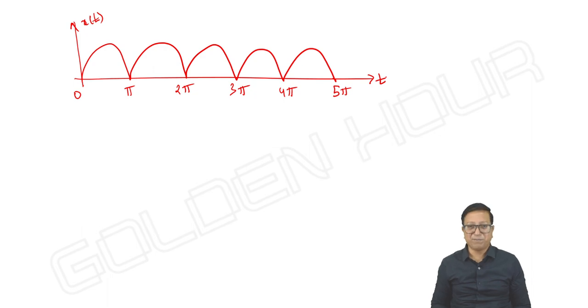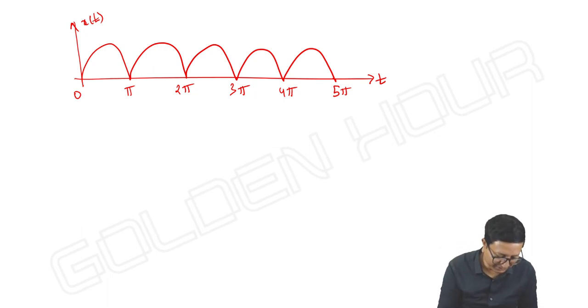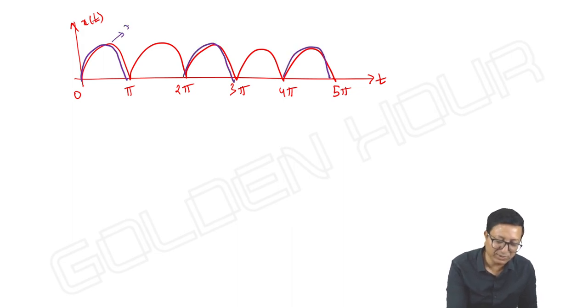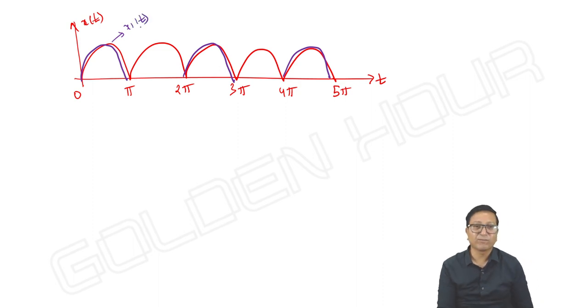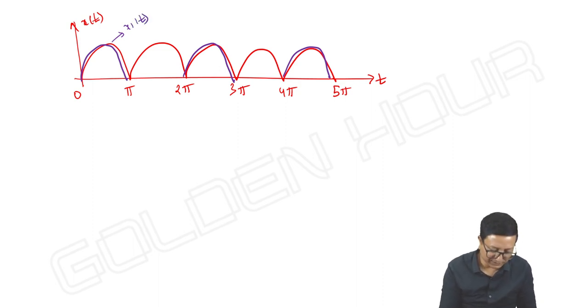What is its average amplitude? Without any calculation I am doing it. I am changing the colors for better understanding. Take this particular portion as x1 of t, and let us take the second one as x2 of t.